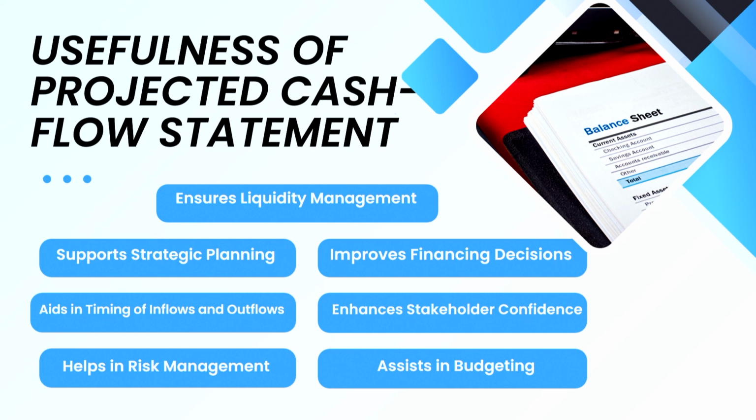So projected cash flow statement is going to provide the information well in advance beforehand to the body corporate so that they can accordingly adjust the timing of inflows and outflows. For example, if we are talking about debtors, we all know that debtor is the outcome of credit sales, and if we have allowed Mr. A, who has purchased goods from us on credit terms, say 2 months of time, we can prepone.